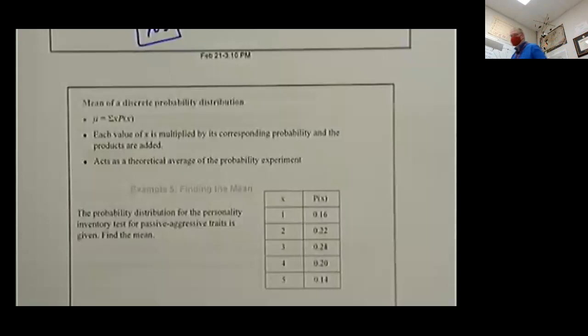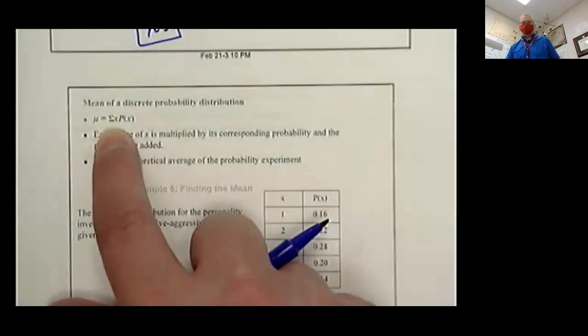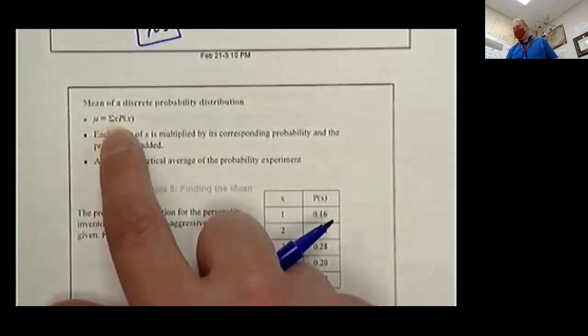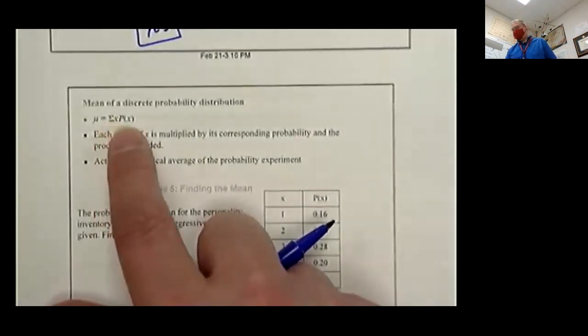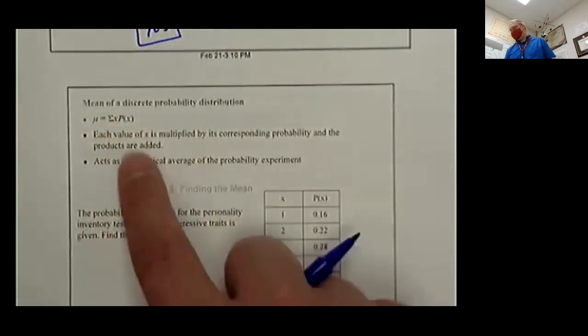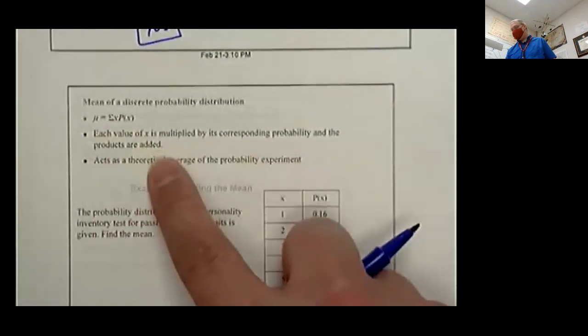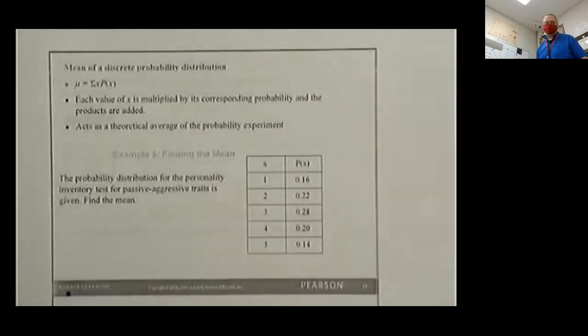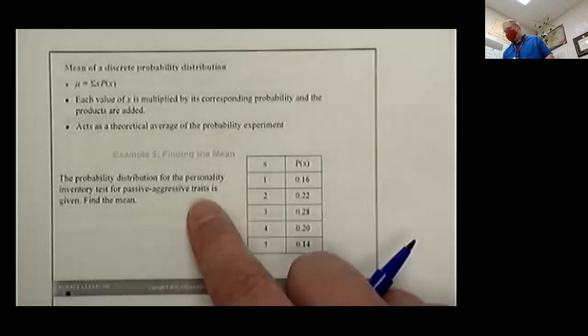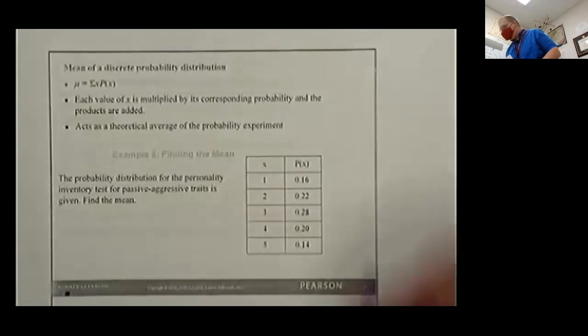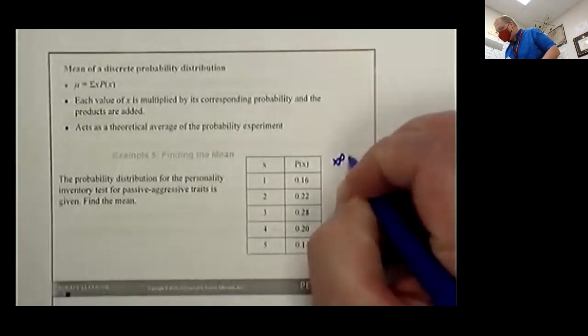We're going to sum up, the big E thing is sum, all of the X's times their probabilities. So the value of each X is multiplied by its corresponding probability, and then we're going to add them all together. That is our mean. So to find our mean, again, this is going back to our passive aggressive traits. We're going to find all of the XPXs.